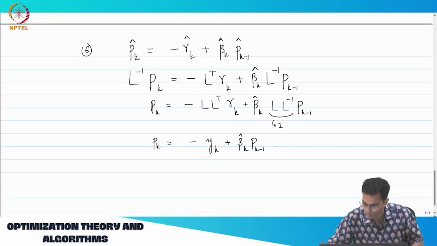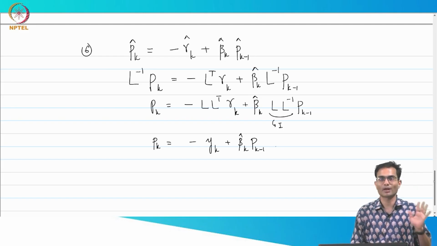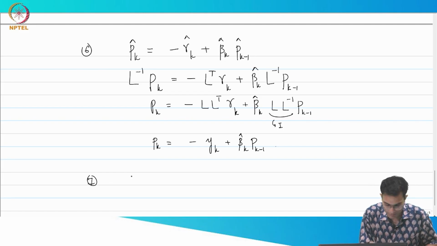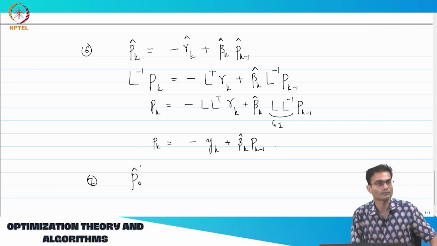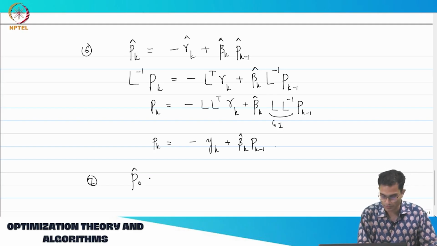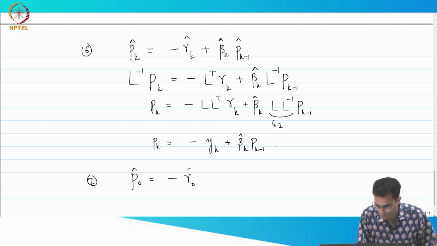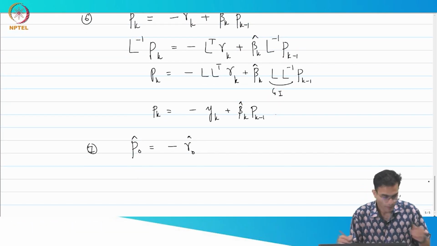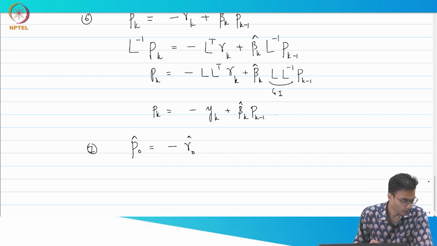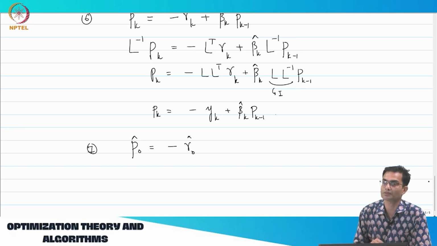Now to confirm whether all of it goes through, I need to look at step 1. Step 1 is the first conjugate direction. So what is p0 hat? In any CG method, p0 would be minus r0, so this is going to be equal to minus r0 hat. Now, p0 hat is what in terms of the p0s?